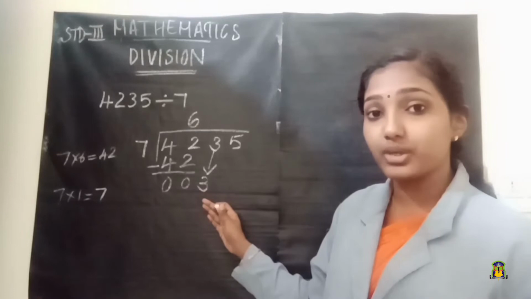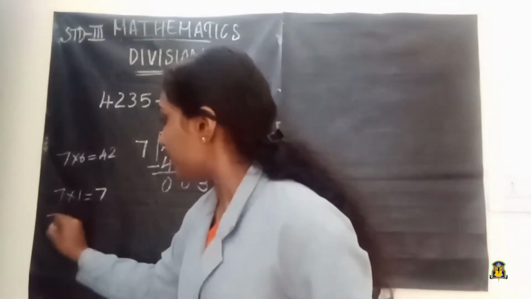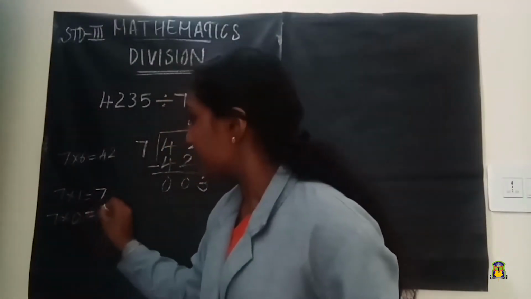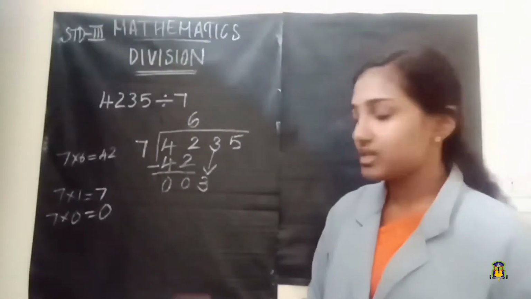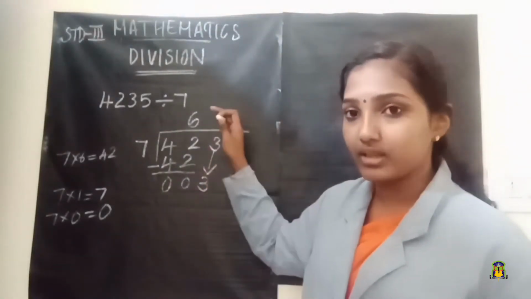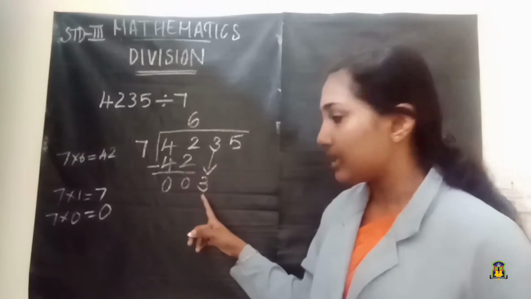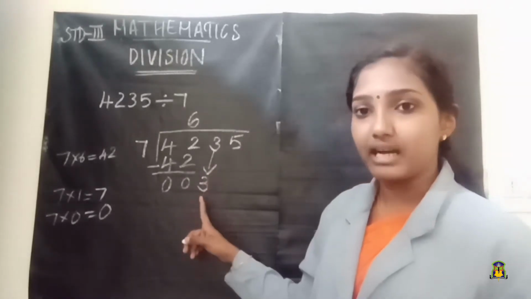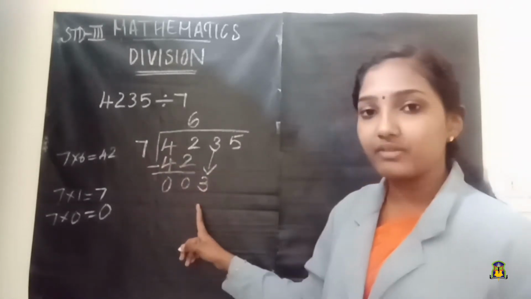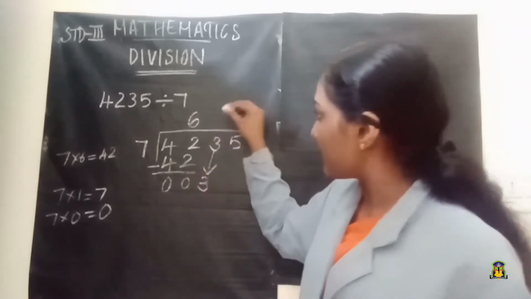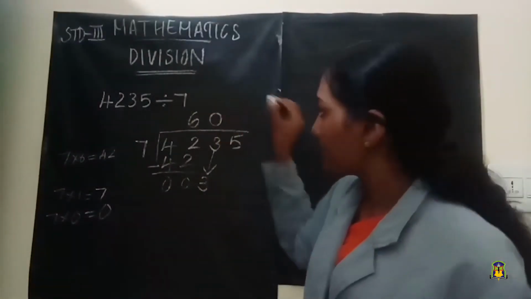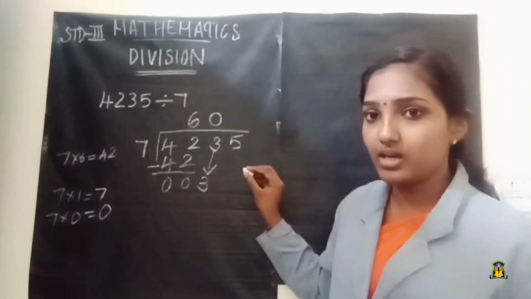We know that 7 into 0 is equal to 0, so we can write that 0 in the quotient place. When the digit is less than the divisor, we put a 0 in that quotient place.